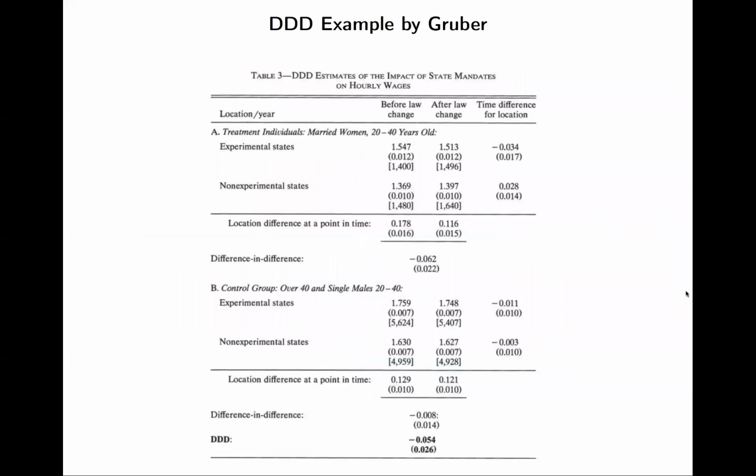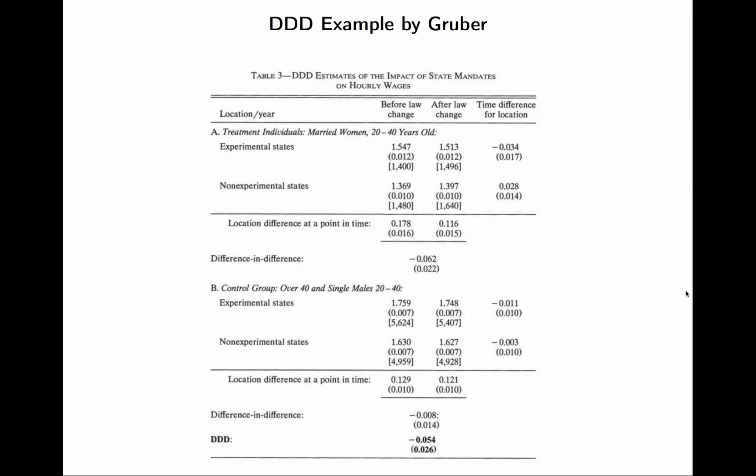So this was developed by John Gruber. If you remember, John Gruber was one of the authors on the Oregon Medicaid experiment. He was the architect of the Affordable Care Act, Obamacare, in the United States. And he did a study where he wanted to know the effect of state laws that mandated that physicians provide maternity benefits to pregnant women. What he wanted to know was, did it lead to a reduction in wages?